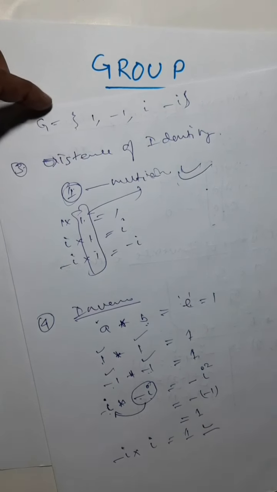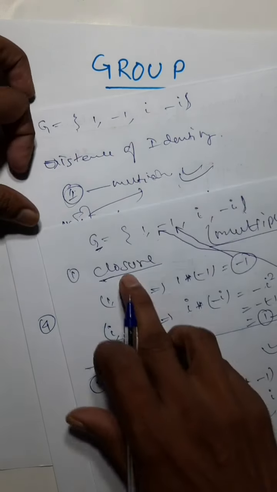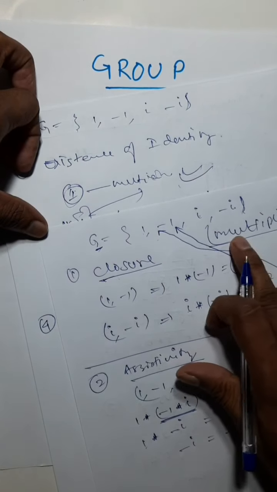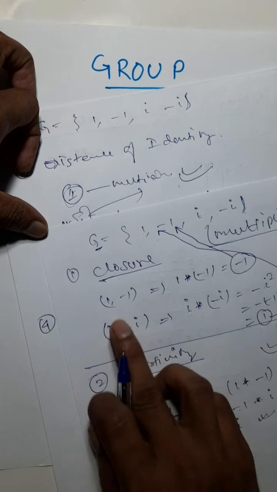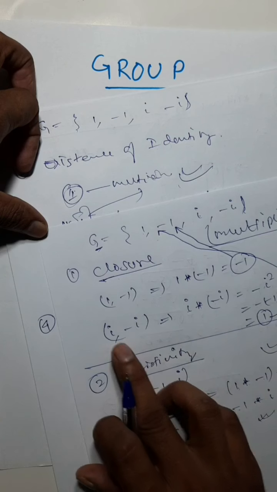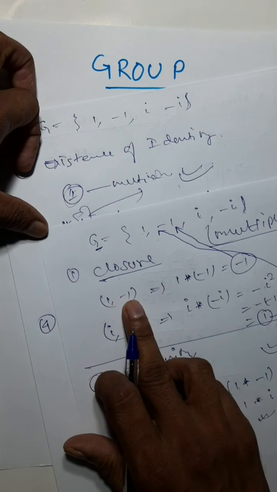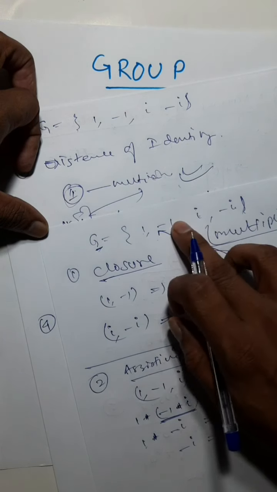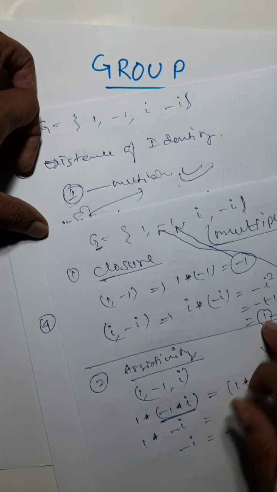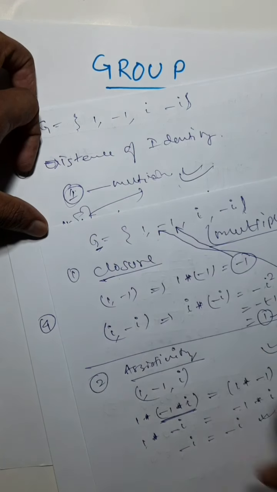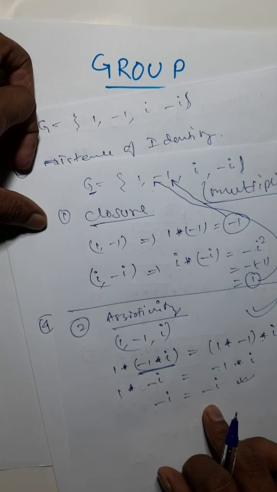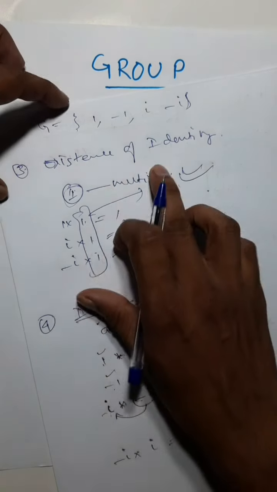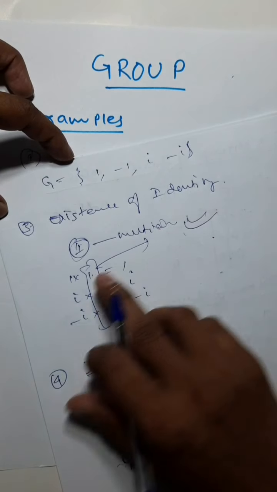So all 4 properties are satisfied here. First one, closure. Closure means under multiplication, any two elements, the resulting element must be in the set G. Associativity also holds here. Existence of identity also holds here.